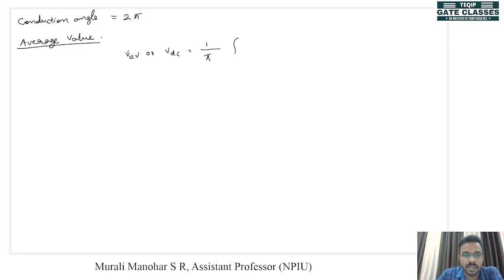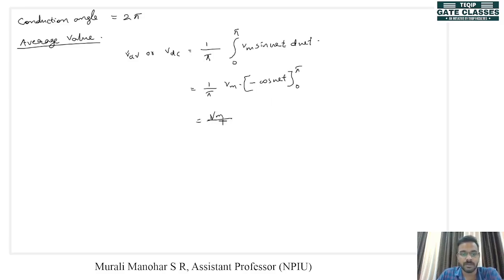So our average value, V average or VDC, will be equal to 1 by period, which is pi, integral 0 to pi, Vm sin omega t. There is no change in it. The output value is Vm sin omega t only, d omega t. So that is 1 by pi. When you integrate Vm sin omega t with respect to d omega t, it becomes Vm into minus cos omega t, and the limits are from 0 to pi.